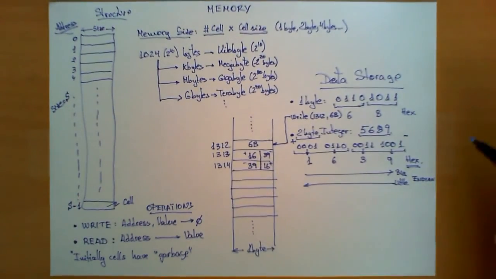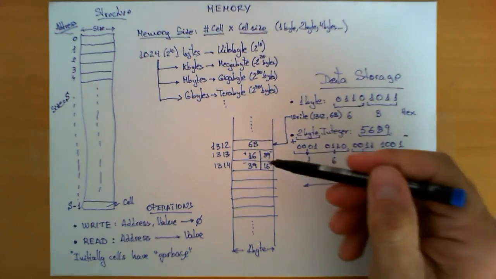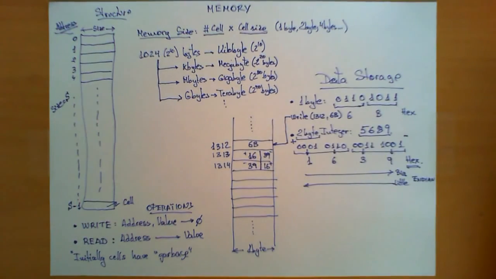We would still say that the number is stored in position 1313. But we have to remember that it's a 2-byte integer, and we need to remember also which convention we used, big or little endian. If a computer system chooses one of these 2 policies, it uses that policy throughout its life.